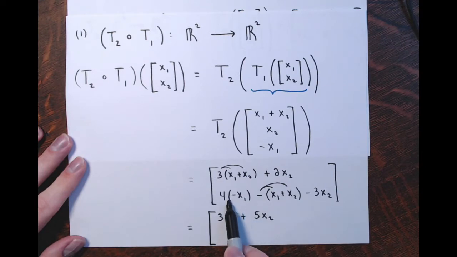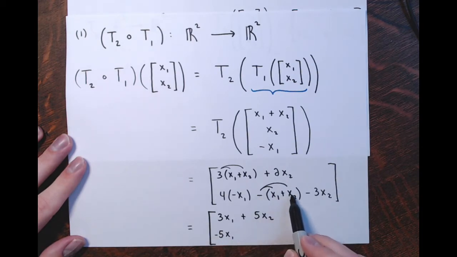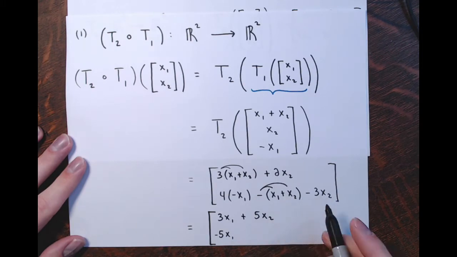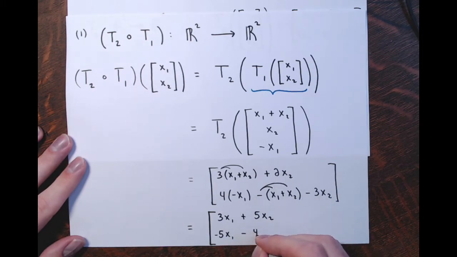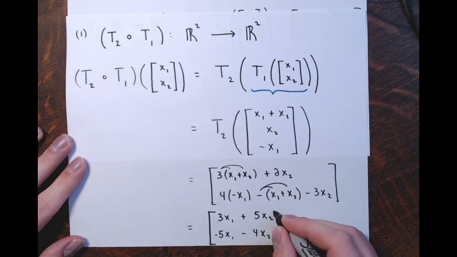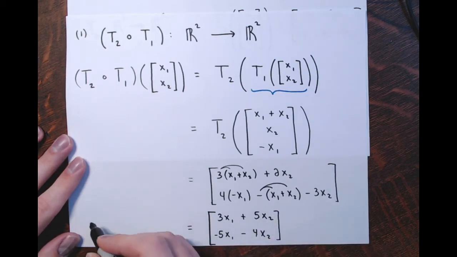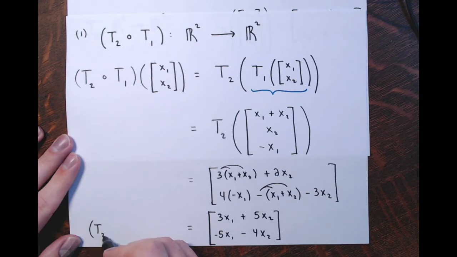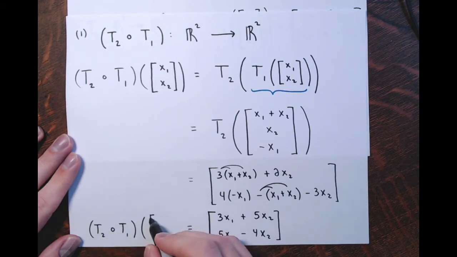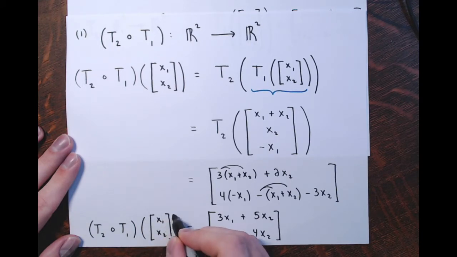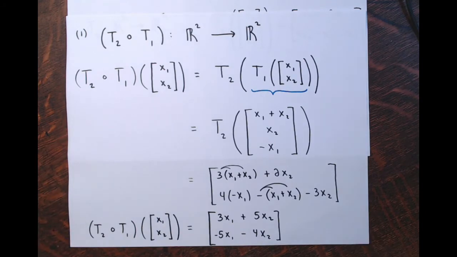We'll have negative 4x1 minus 1x1 will be minus 5x1. And then we have minus x2 minus another 3x2 be negative 4x2. And there we go. Here's T2 composed with T1 at any vector with 2 components, x1 and x2. That's what was asked for.